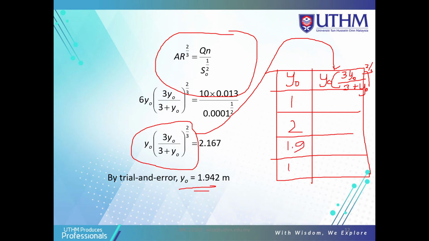Until you get 1.942, until you get the value in this part here that is the same as this value. So in case of using trial and error, you must draw this table.